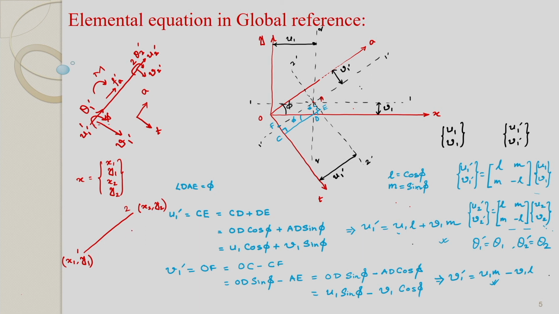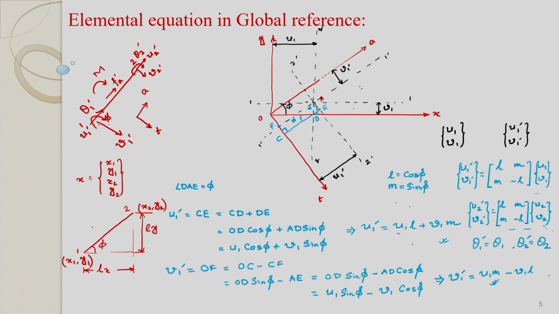Now, this distance is Lx, x intercept, this distance is y intercept, and this is phi.